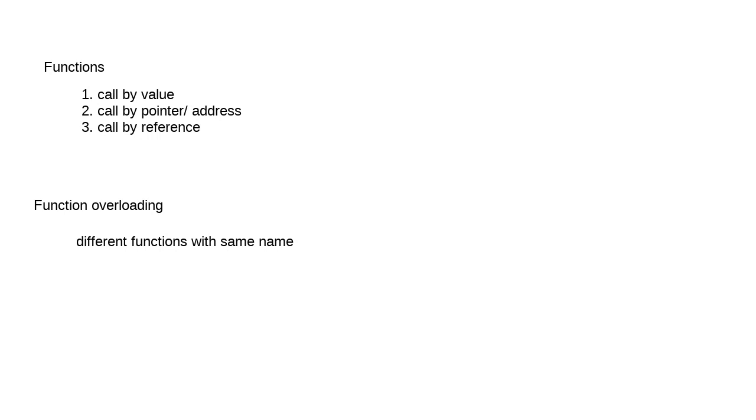We have studied one property of object oriented classes which is called polymorphism, right? Function overloading is one kind of polymorphism in C++. So what is the meaning of polymorphism?